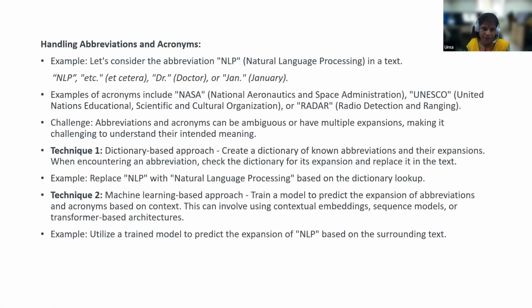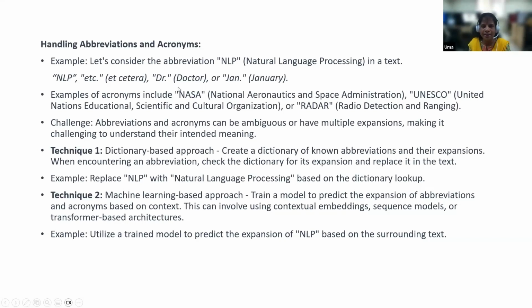Handling abbreviations and acronyms. We also have to do this while cleaning up the text. Here I have mentioned NLP, the abbreviation of natural language processing, in a text. Similarly, I have also added a couple more examples here. Dr. we will call a doctor, right?